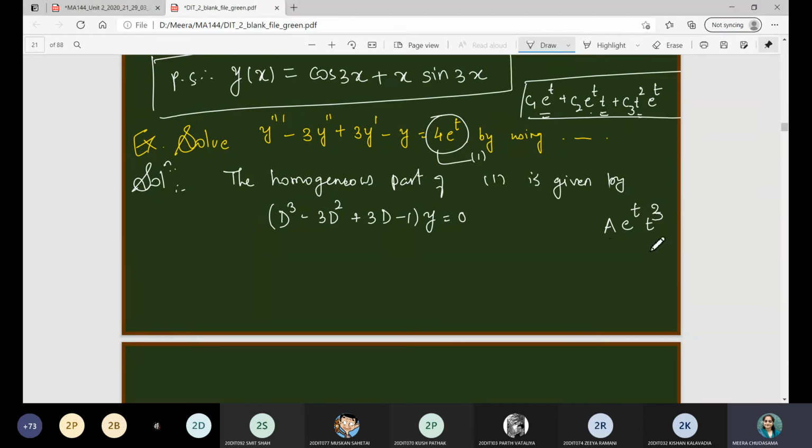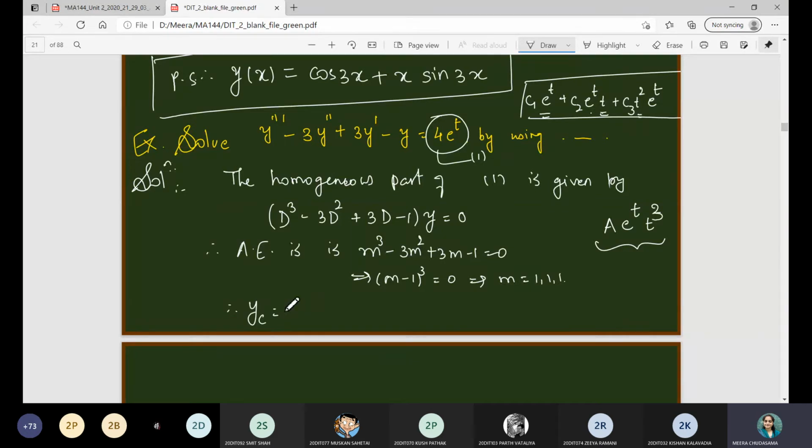So let us now proceed with this one. Find out one by one the derivatives up to order 3. Then you are able to find the general solution. Okay, I am simultaneously doing it over here also. So therefore the auxiliary equation is m cube minus 3m square plus 3m minus 1 is equal to 0, which is nothing but m minus 1 whole cube is equal to 0, means m is equal to 1 comma 1 comma 1.